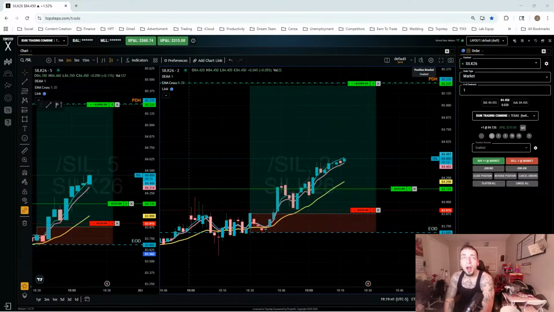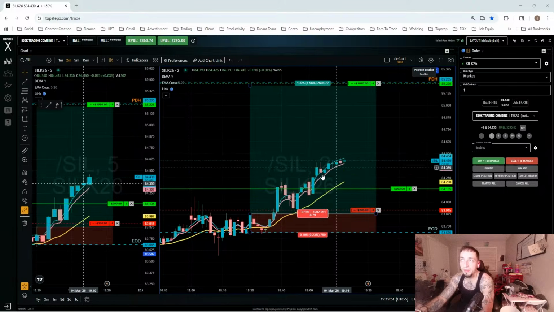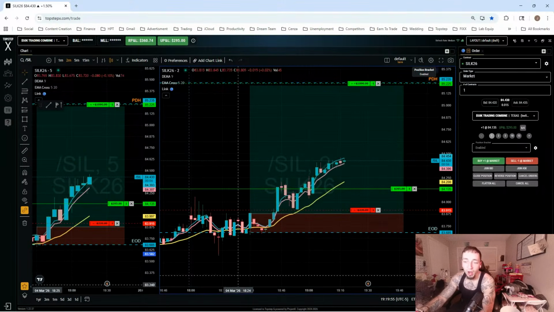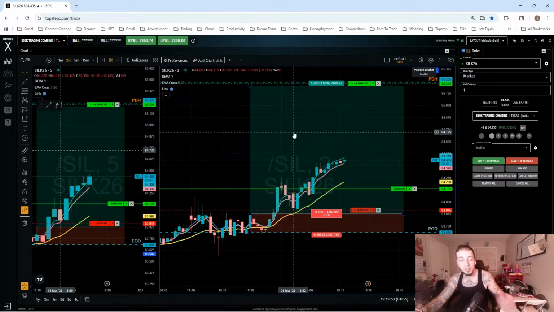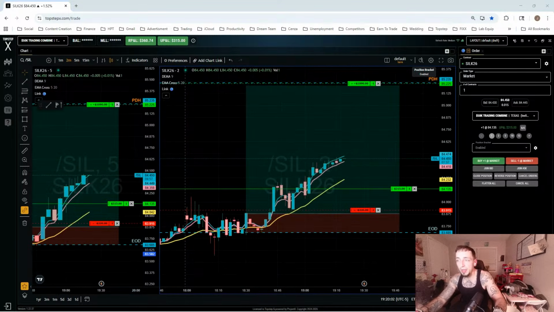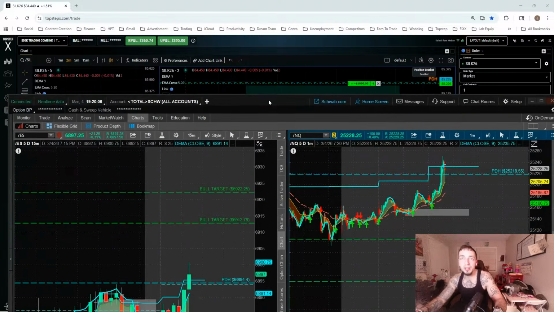The key thing is watching what happens off the moving average. That's what's key for me. Like right now, we can't break this 2-minute 5. Trend's healthy. Also, what's probably helping it is NQ's ripping, but there's really no move on NQ right now. There's no criteria.